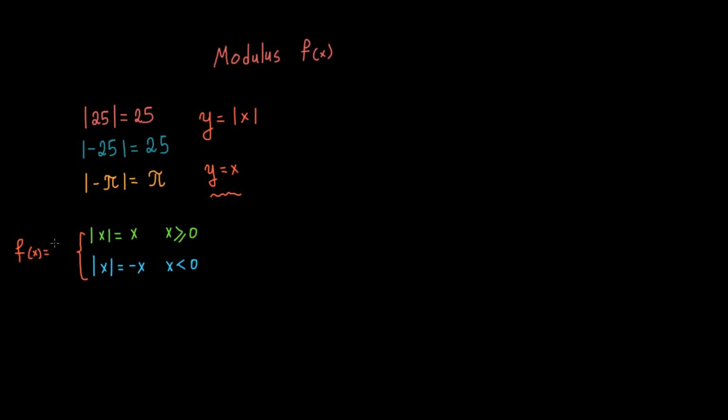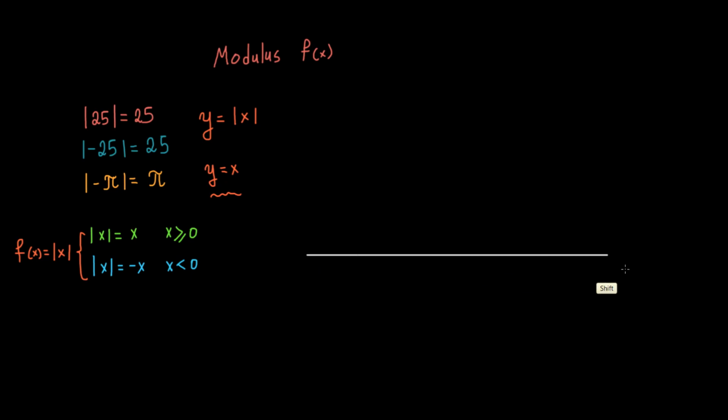f(x) equals, here. So if you try to draw the graph, it says that for values more than 0, it behaves like y equals x. So let's try to draw a graph.